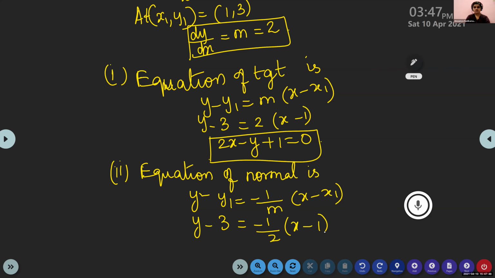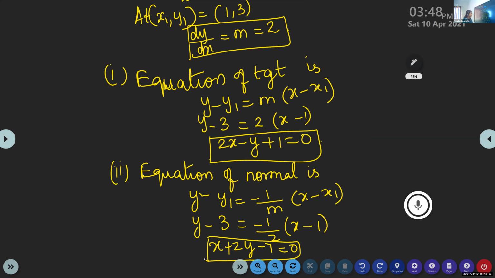X plus 2y minus 7 is equal to 0. Check this answer, children. Is it correct? Check it. No, Shubham.